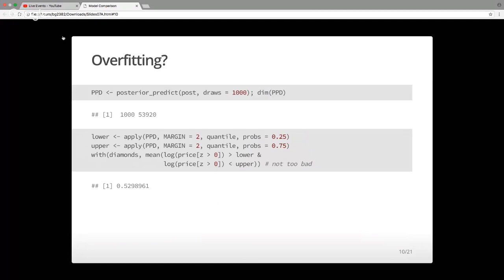But this can be a sort of confusing thing. You'll occasionally see someone on the internet saying that Bayesian approaches cannot overfit the data, and what that means is less than it sounds.